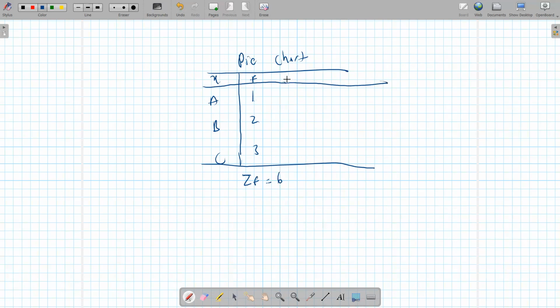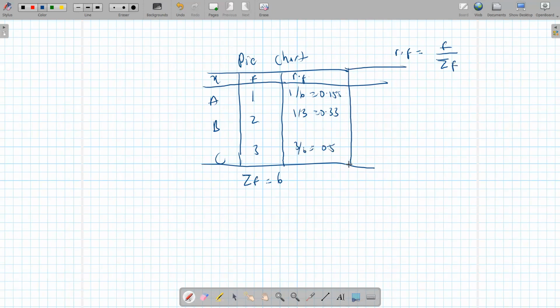To find a pie chart, you need to come up with the relative frequency, RF. The formula for relative frequency is you take your frequency and divide it by the total sum of frequencies. So the first one is 1 over 6. The next one is 2 over 6, that's 1 over 3. You can write that as a decimal if you would like. The last one is 3 over 6, which is 0.5.